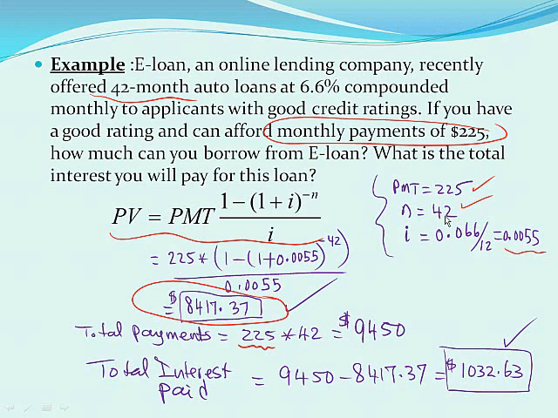We are making 42 payments, so multiplying these two numbers gives $9,450. The interest paid will be total payments minus the loan amount. Loan amount is what we calculated earlier, 8,417.37. When we subtract, we get $1,032.63. That is how much interest we will be paying on the loan.